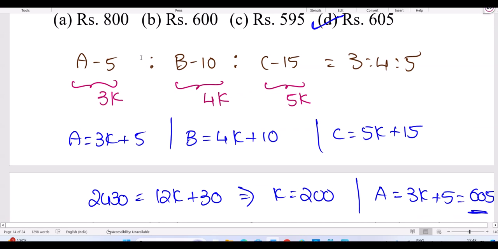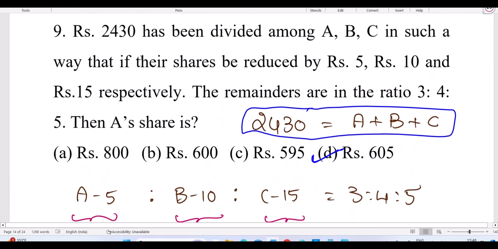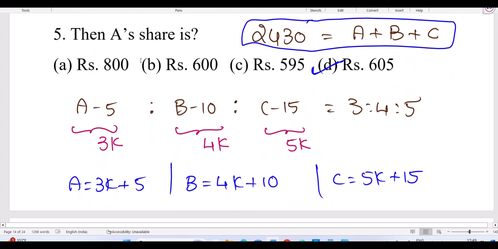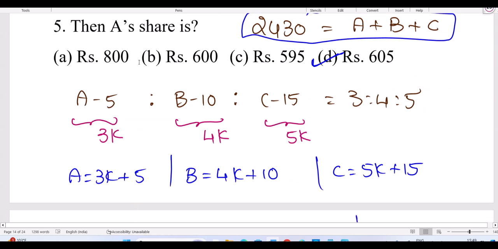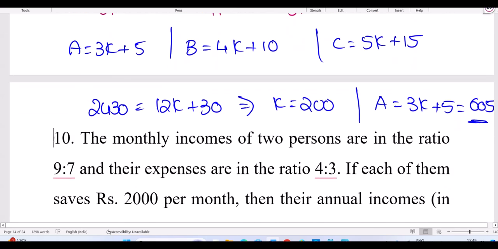Now see the next question. The 10th one, you can refer to any textbook related to this topic. Income and expenses question, that model is guaranteed available. The 15th is a coins question, that's also available.